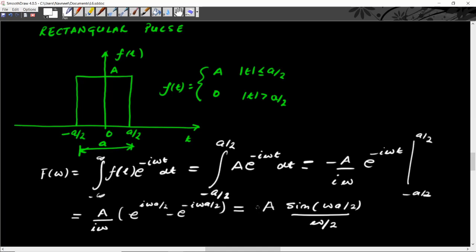Another way to write it is to divide by the duration of the pulse a, and we get this form of the Fourier transform.